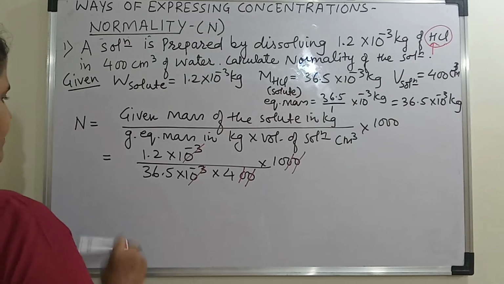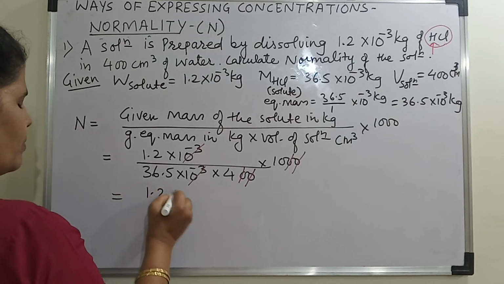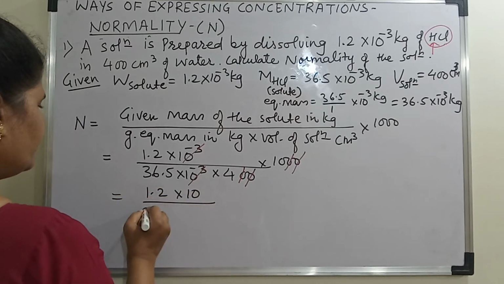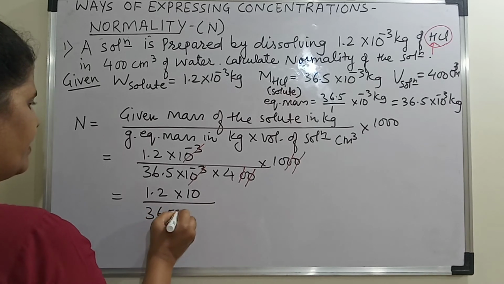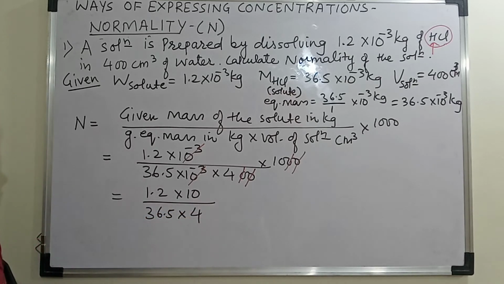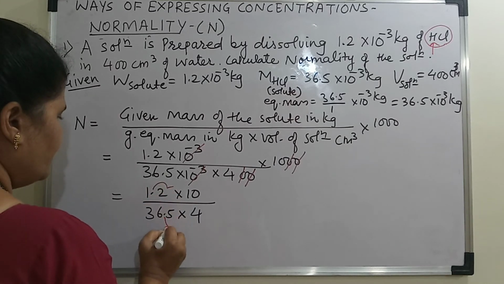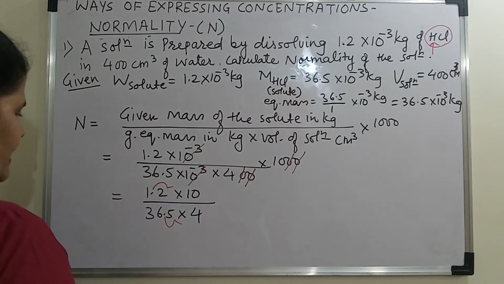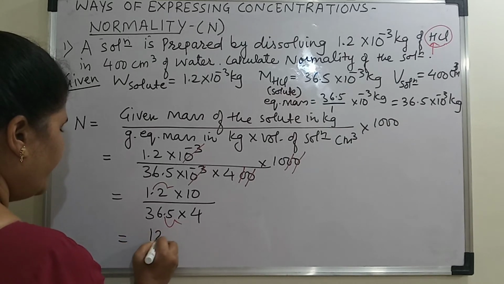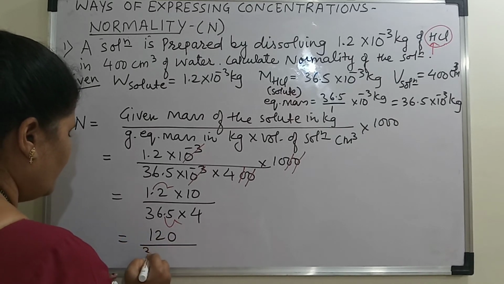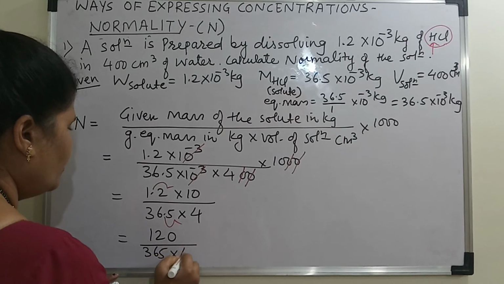So what I am left with is 1.2 into 10 upon 36.5 into 4. As usual, I can shift the decimal places here, this to one place and this to one place. So what I will get is 120 upon 365 into 4.